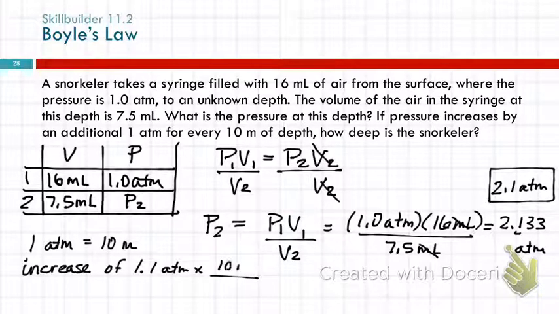For every 10 meters, you get an additional 1 atmosphere. So that tells me that it's about 11 meters. The A student should be able to do that. Everybody else, if you get this, you're good. Any questions?